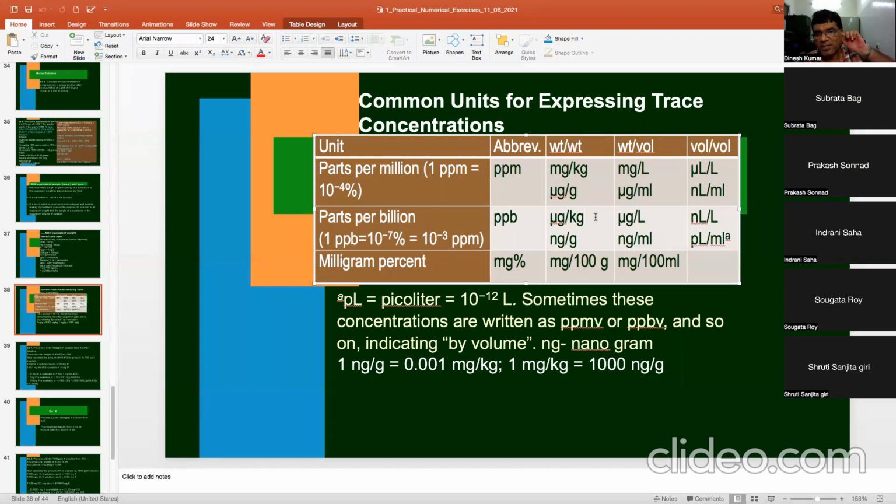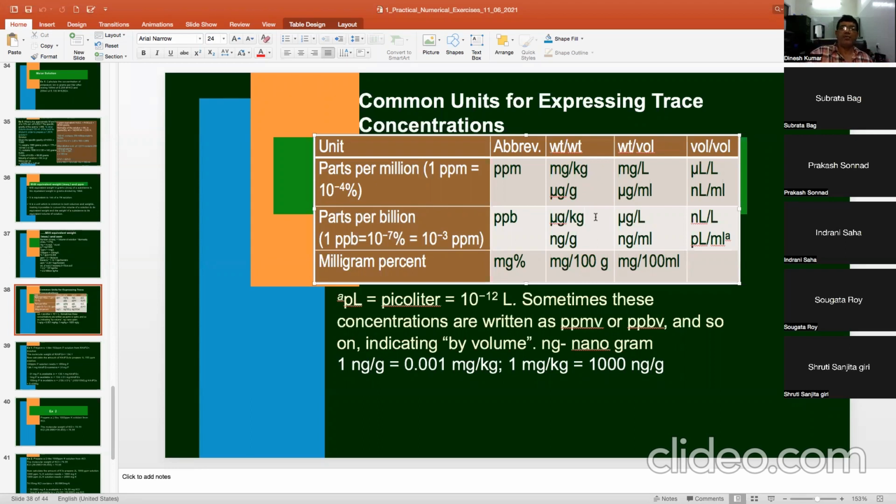Sometimes these concentrations are written as ppmv, or ppbv, indicating by volume. ng is your nanogram. 1 nanogram per gram is equal to 0.001 milligram per kg, or 1 mg per kg is equal to 1000 ng.